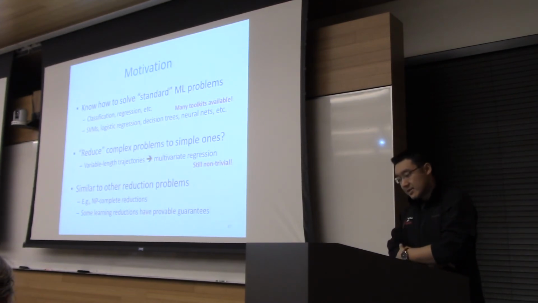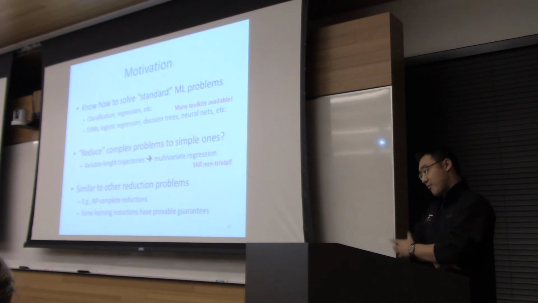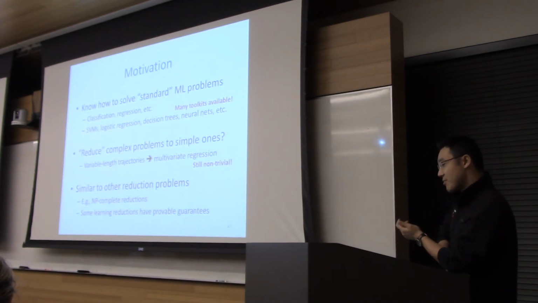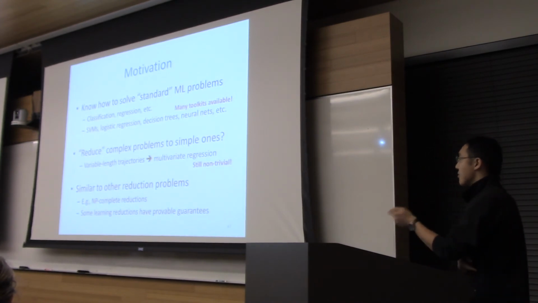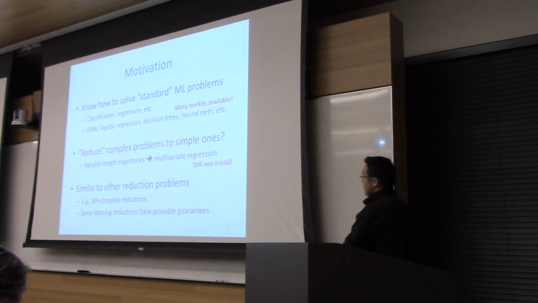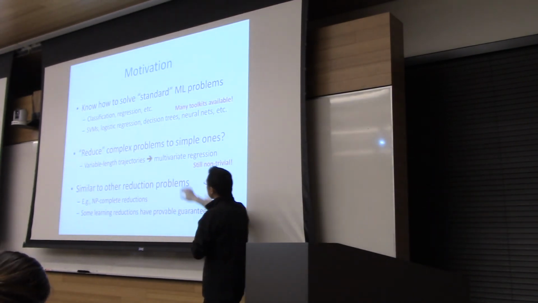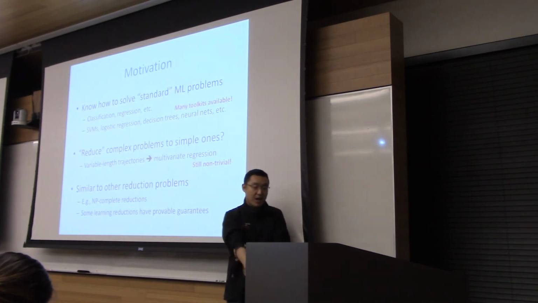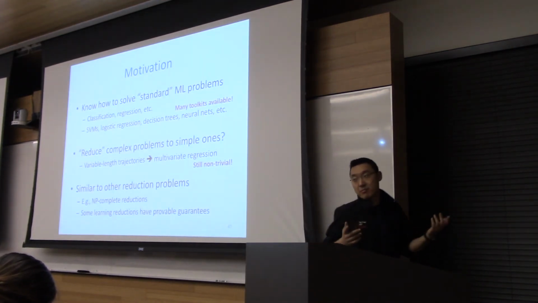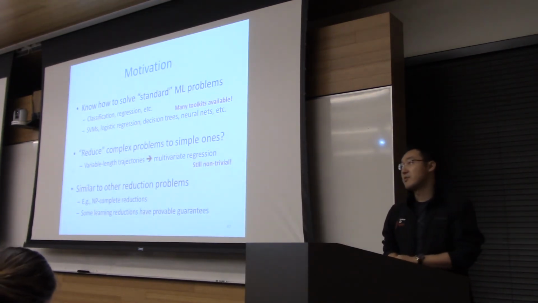So for example, if we get 100% accuracy or zero regression loss in this reduced problem, then you basically have perfect prediction on the original problem. That's an implication of this reduction.